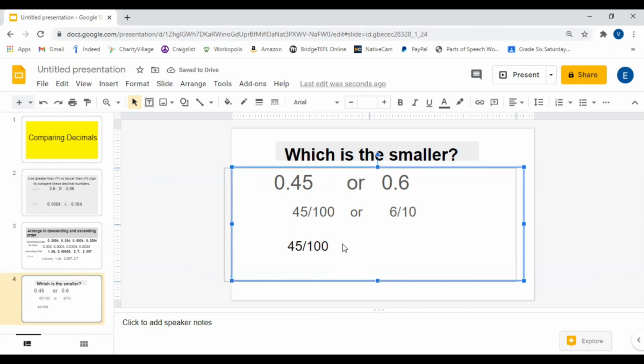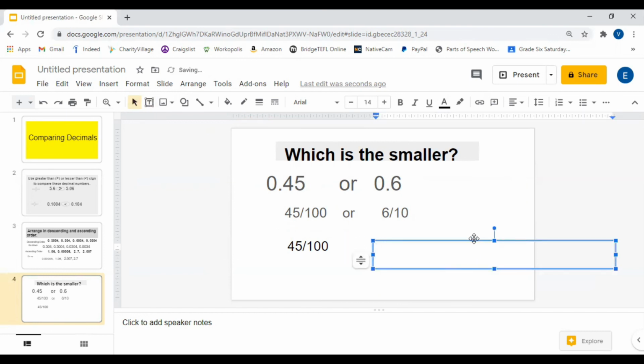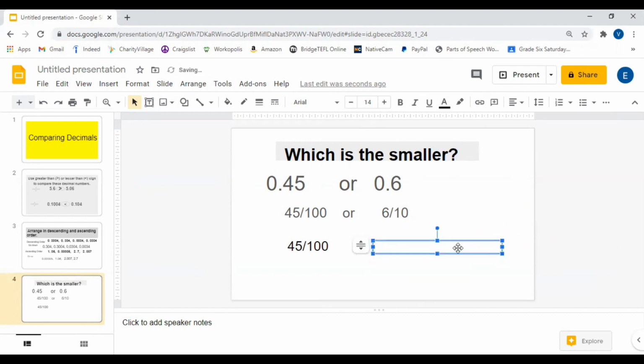Let me put a text box here so I can work with it easier. All right. So I'm going to bring the 6/10 to hundredths. This is a simple way to do this, guys. Now, I have 6/10. How do I bring it to hundredths to make the denominator 100?